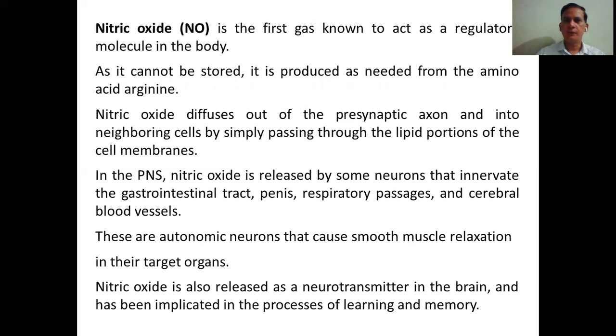If we talk about the GI tract, vasodilation leads to more flow of blood when the digestion process is taking place. That would lead to absorption of more and more nutrients.